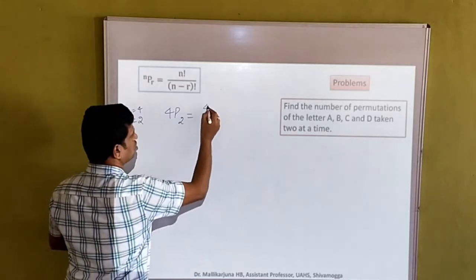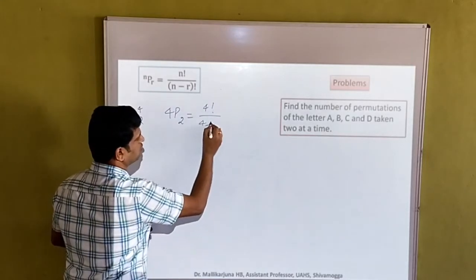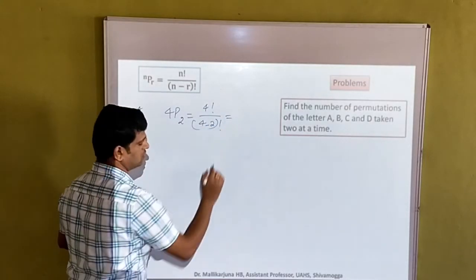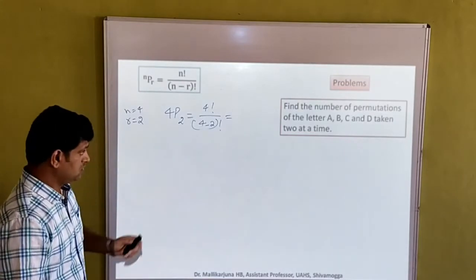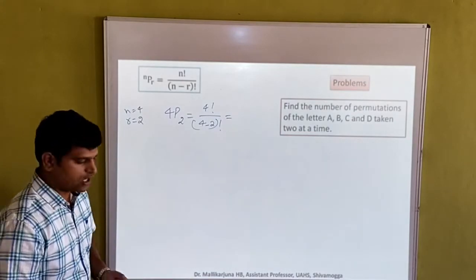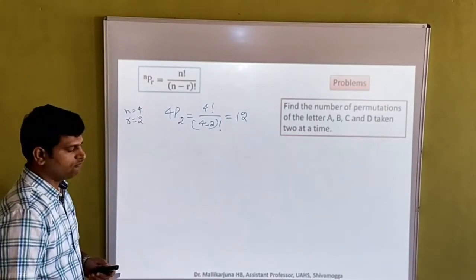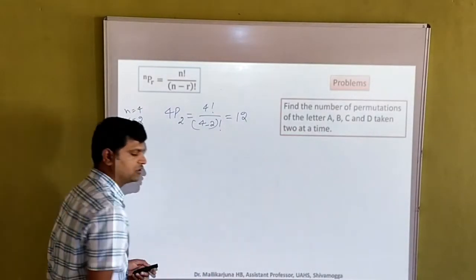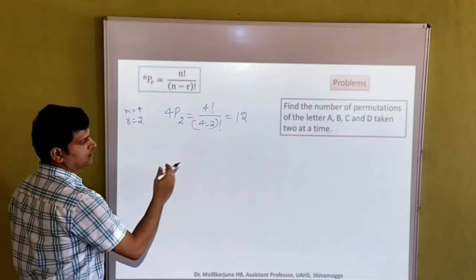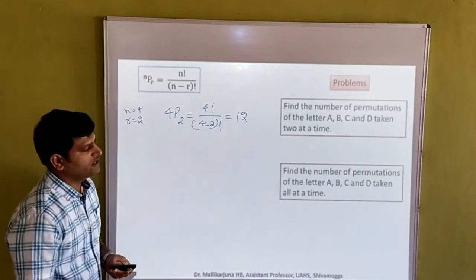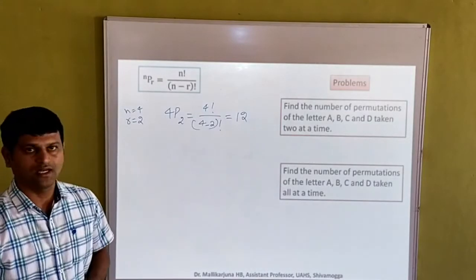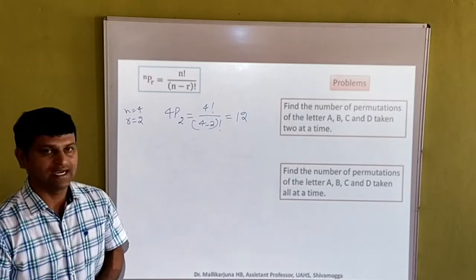Substitute 4 factorial divided by (4 minus 2) factorial. In the previous problem we got this value as 12. 4P2 is 12.